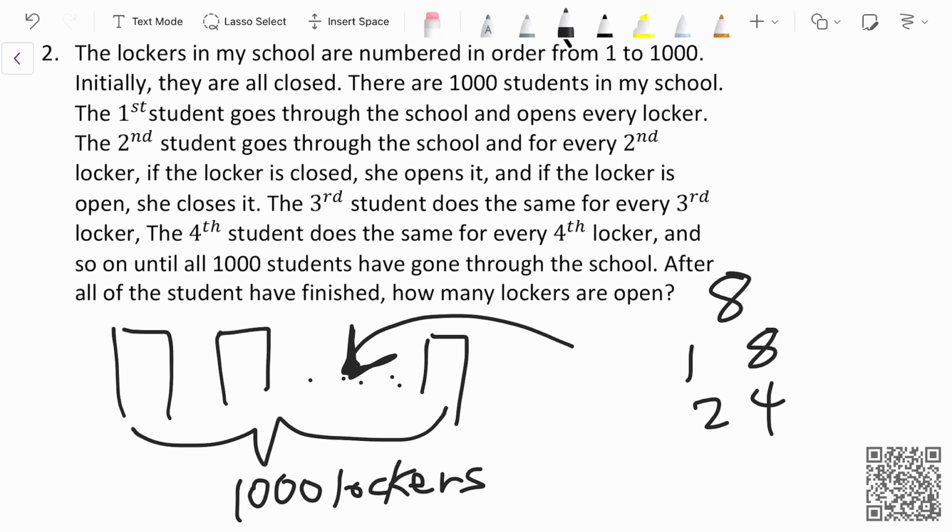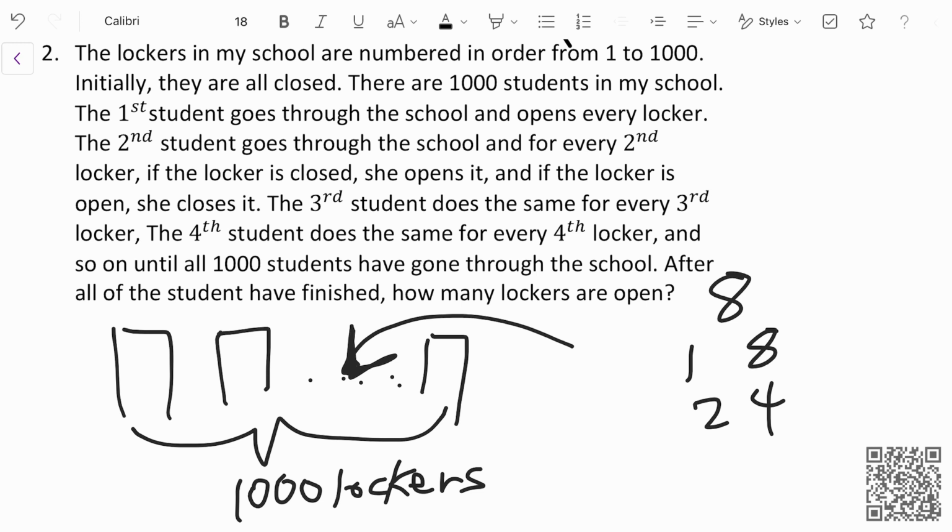If an even number of people touch the locker, then it's going to be closed in the end, because 1 opens it, 2 closes it, 4 opens it again, and 8 closes it again. It's an open, close pattern if it has an even number of factors, because they come in pairs.